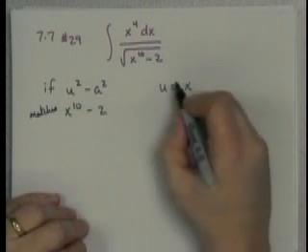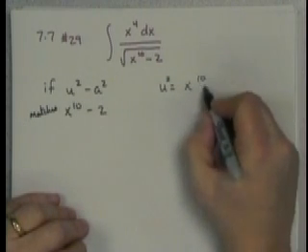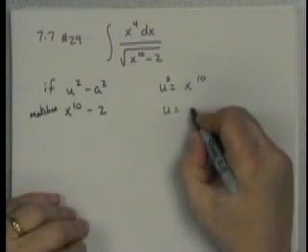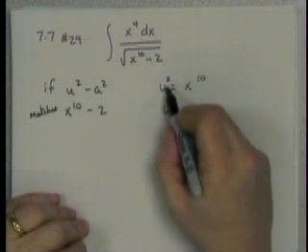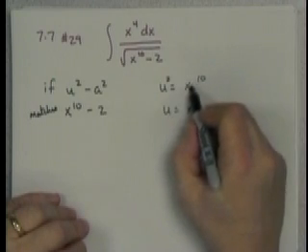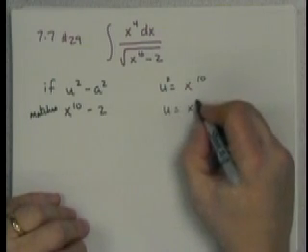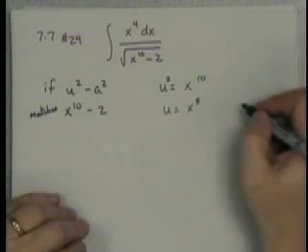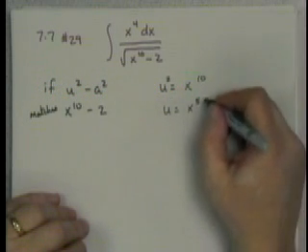Well, u squared would be the same as x to the 10th, so u is going to be x to the, what would I multiply by itself to get 10? This would be x to the 5th. So when I square it, I get x to the 10th. Is that okay?